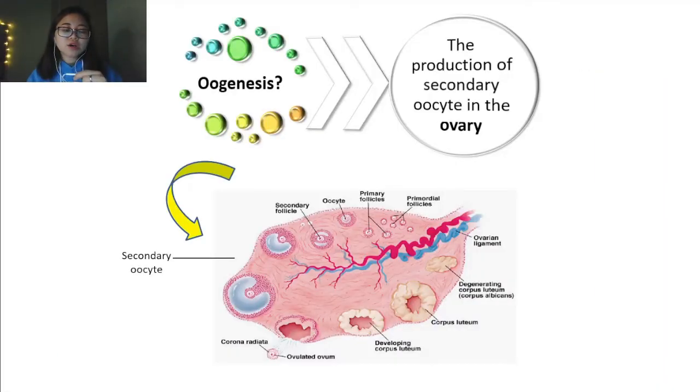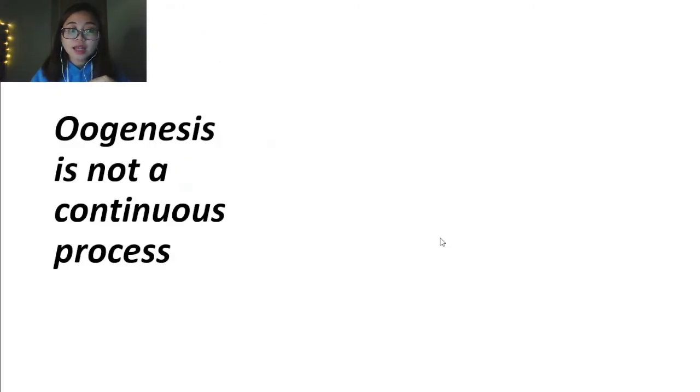So now let's go and talk about oogenesis, which is the production of secondary oocyte in the ovary. However, before we can go into the process, you need to first understand that oogenesis is not a continuous process. In males, spermatogenesis, once it starts meiosis, it continues until it finishes meiosis 2 and forms 4 spermatozoa.